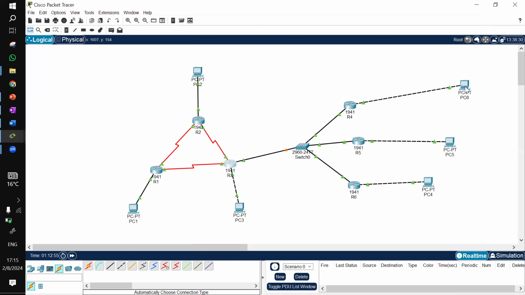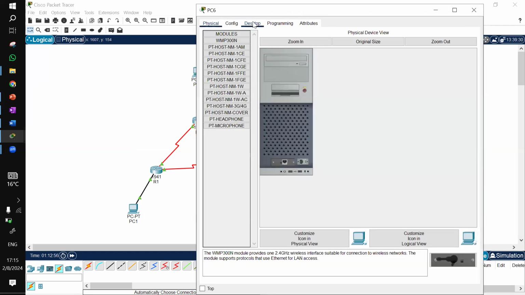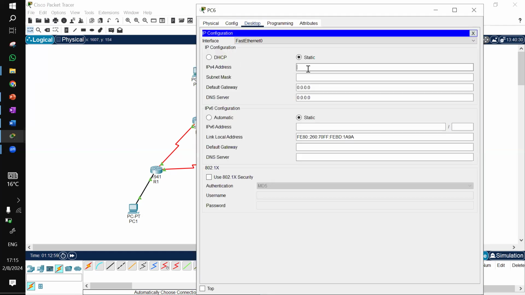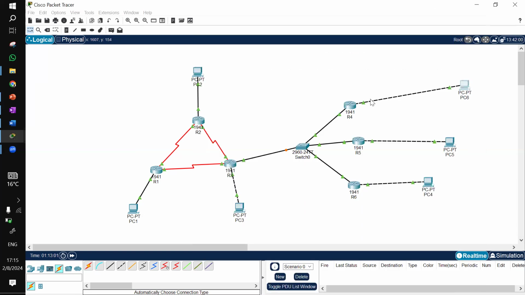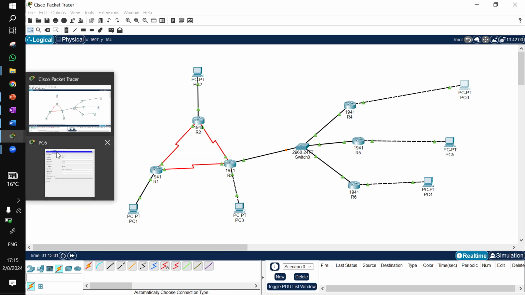Right, now the IP address for my PCs. This is number 4, so it becomes 192. Running out of time again. Can we make it? Okay, this is 6.